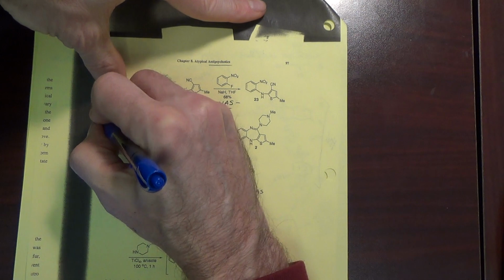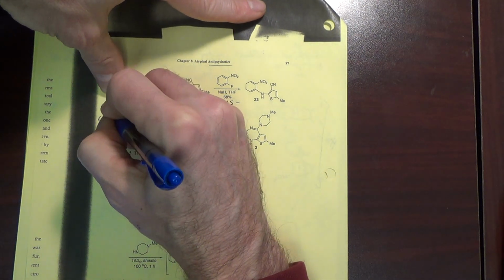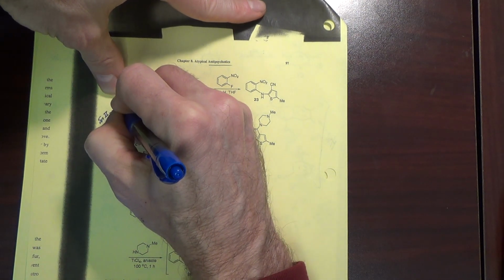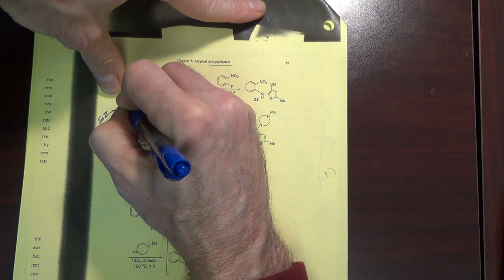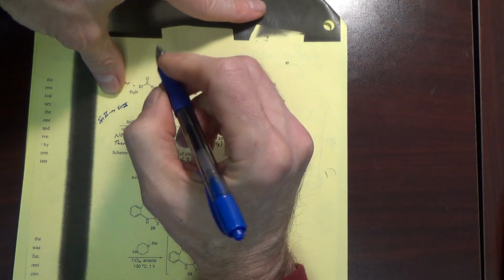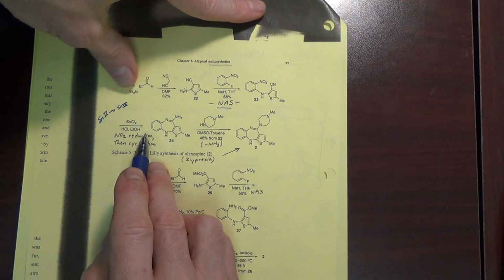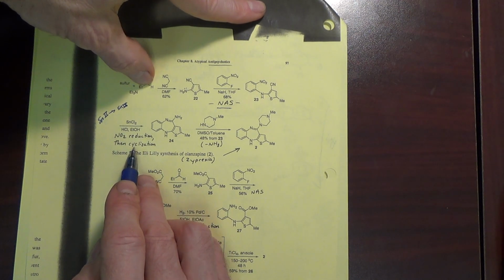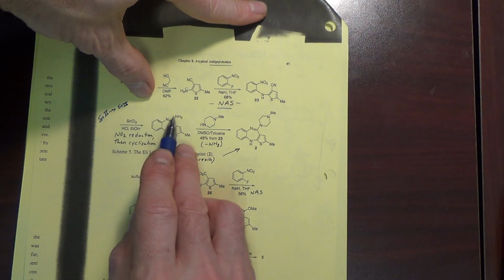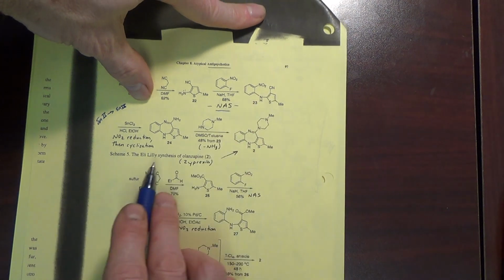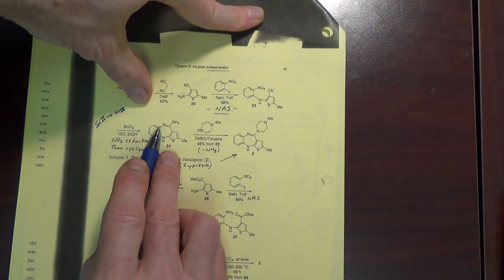That is possible because the tin 2 gets oxidized to tin 4 in the reaction, while the nitro group gets reduced. Now, once it gets reduced, it attacks the cyano group, and so they're not showing just the amine here.